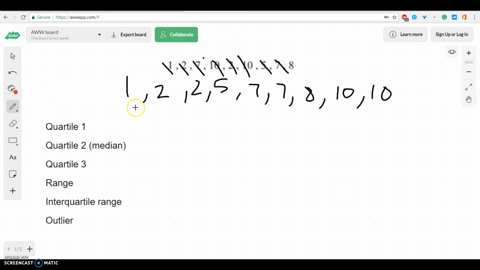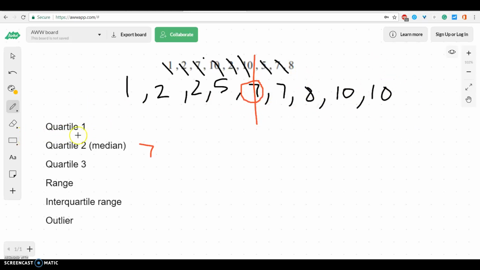Well, that makes it a little bit nicer because now we have 1, 2, 3, 4, 5, and this is the exact middle. So because this is the exact middle, that's going to be our median quartile. We're going to cut this thing in half. So now when we cut this thing in half, we have 4 numbers on this side and 4 numbers on this side to use for our quartiles.